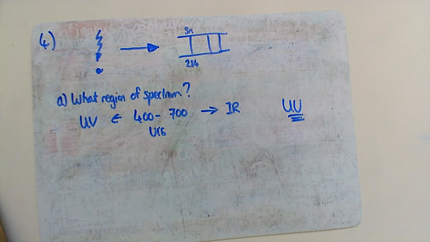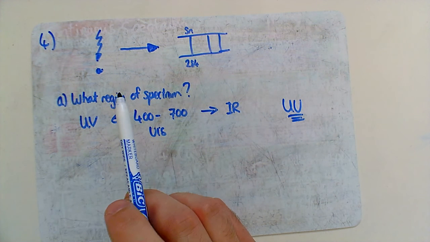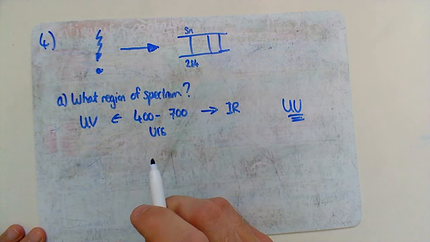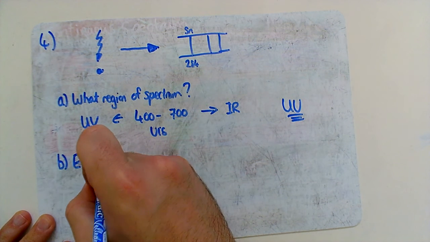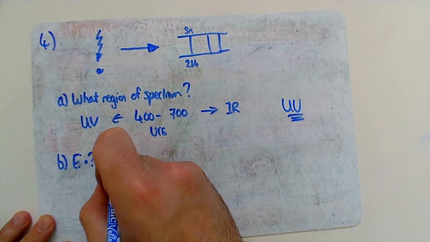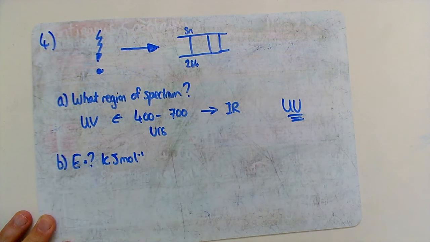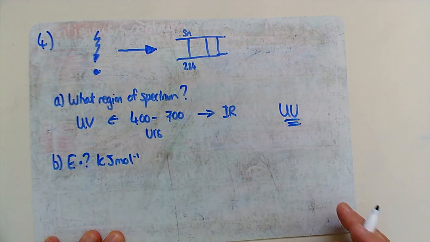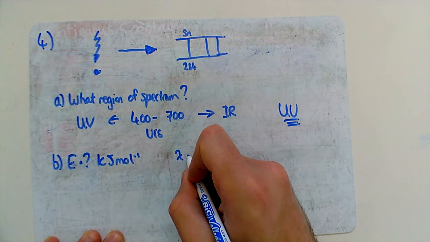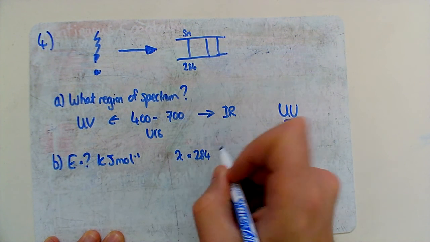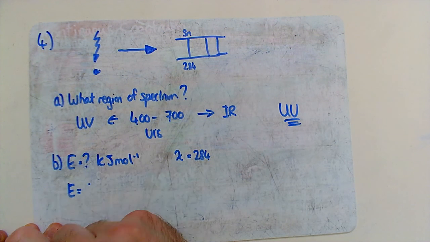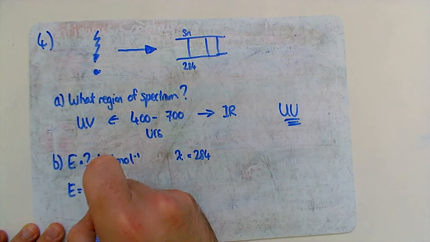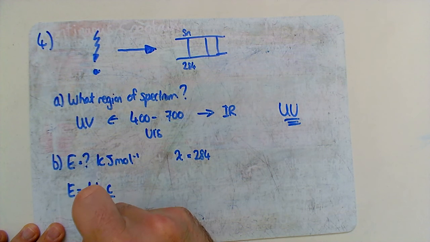It then said to calculate the energy. So again, what is E in kilojoules per mole? We're starting with a wavelength, which was 284. So the equation is energy equals LhC over 1000 lambda.